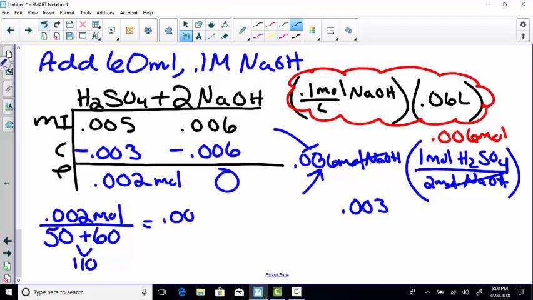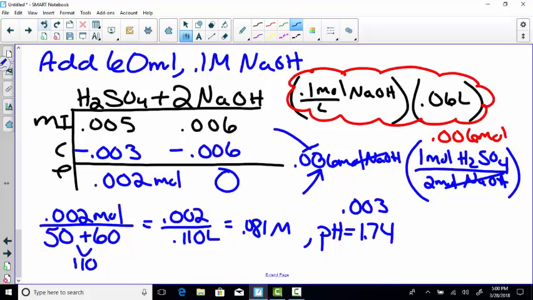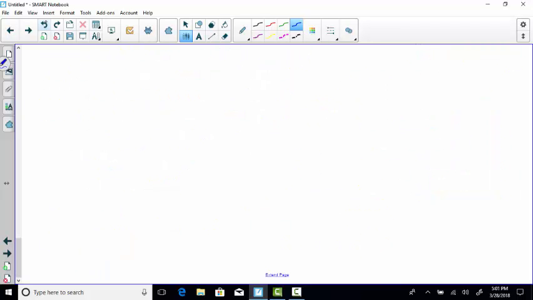So 0.002 divided by 0.110 liters, okay, is going to give me, did I write these moles down? 0.018 molar and pH of 1.74. So if you're looking at our pHs, we're not changing pH by much. Okay, we're adding a significant amount of base, but our pH is not changing. So what's the next one? 80 milliliters.